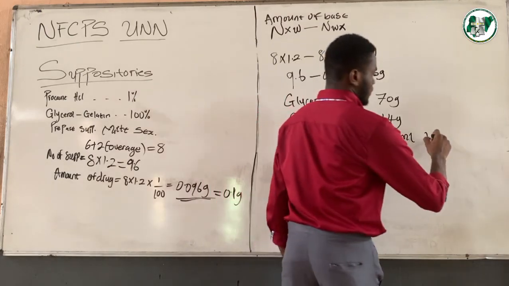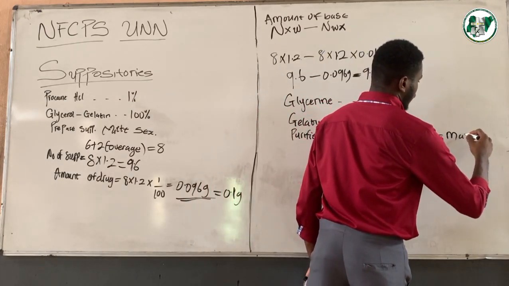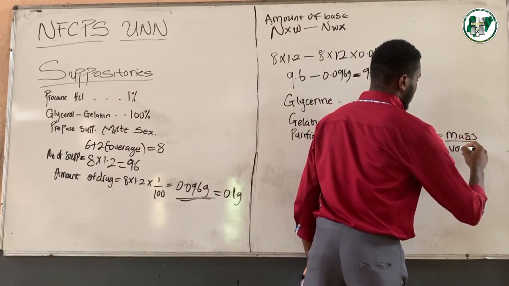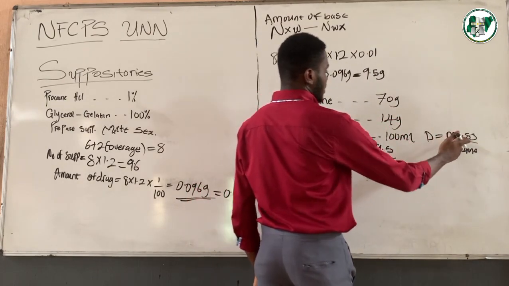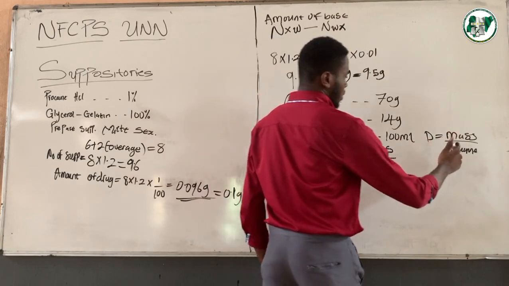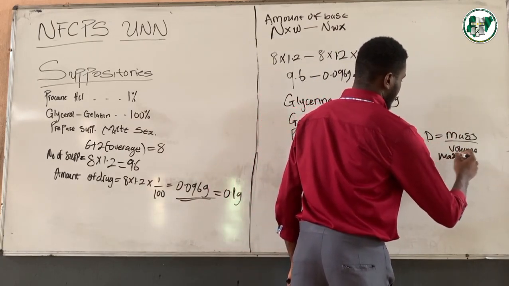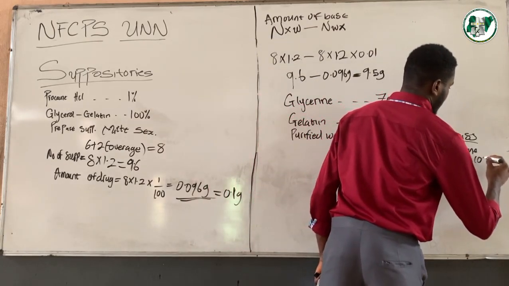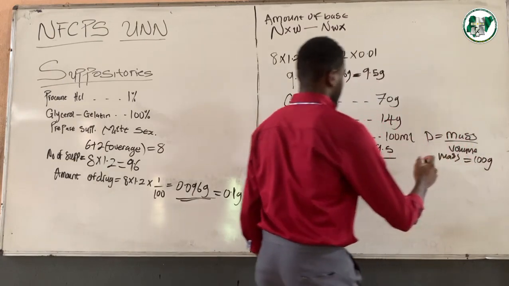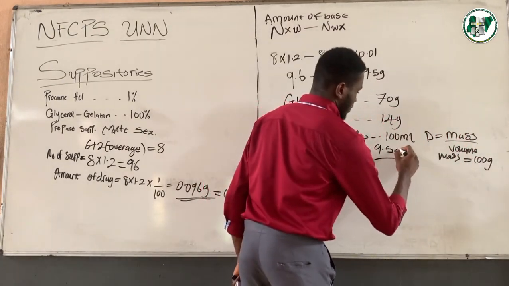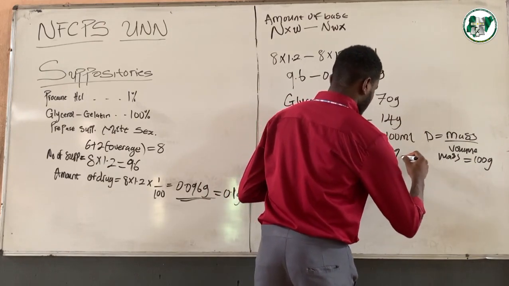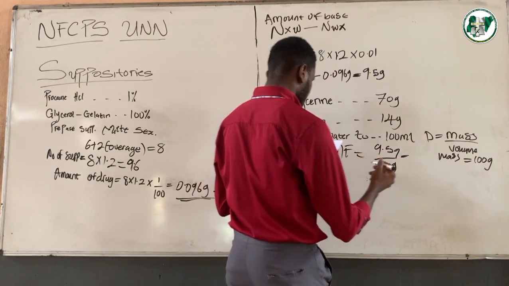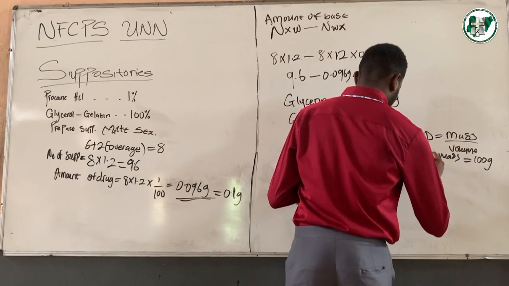Remember, density is mass over volume. We're trying to convert this volume of water to grams, and the density of water is 1. So the mass of water here is going to be 100 grams. I hope that's understandable. So 9.5 grams divided by 100 grams is going to give us a multiplication factor of 0.095.